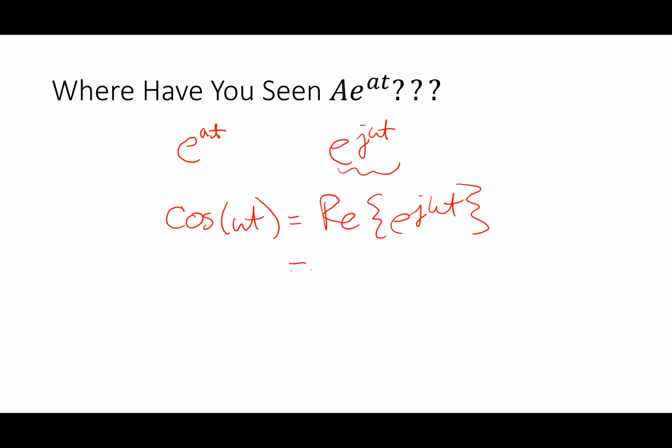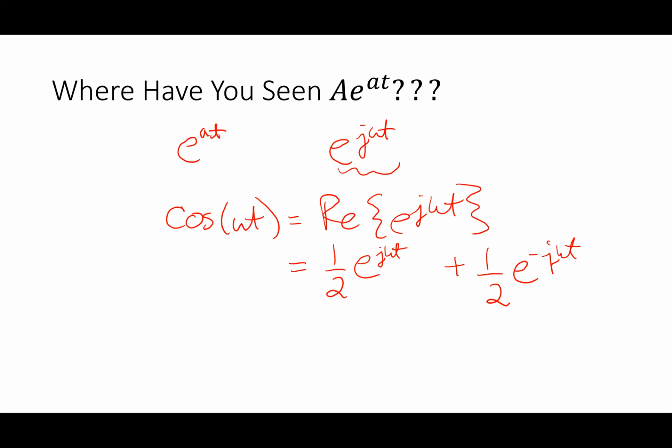It's also what? One half e to the j omega t plus one half e to the negative j omega t. This is our mathiest day of the year.